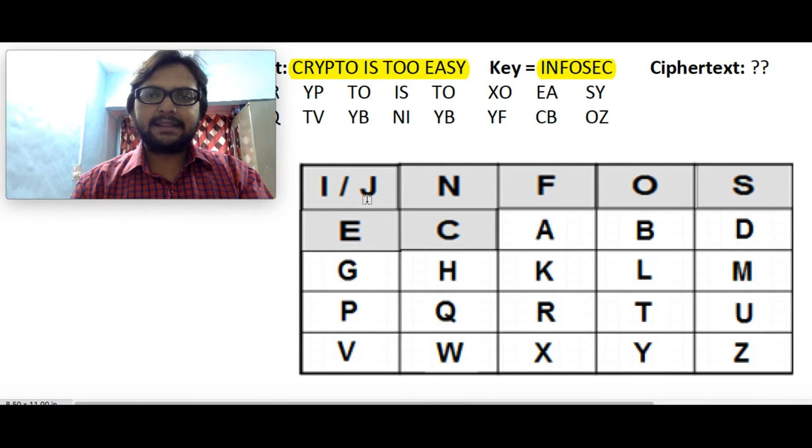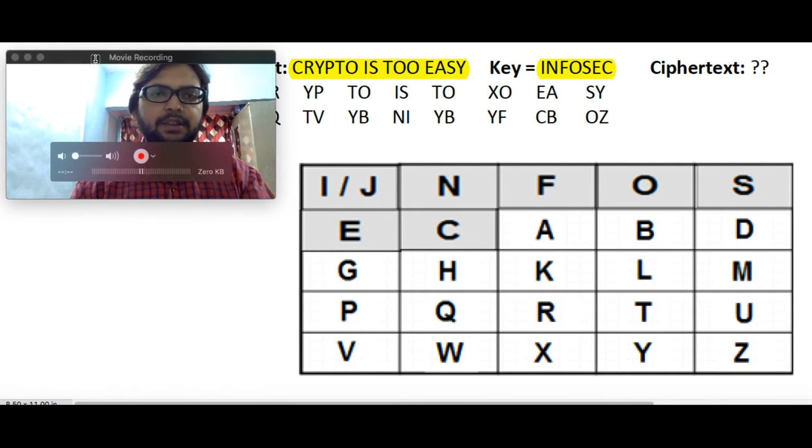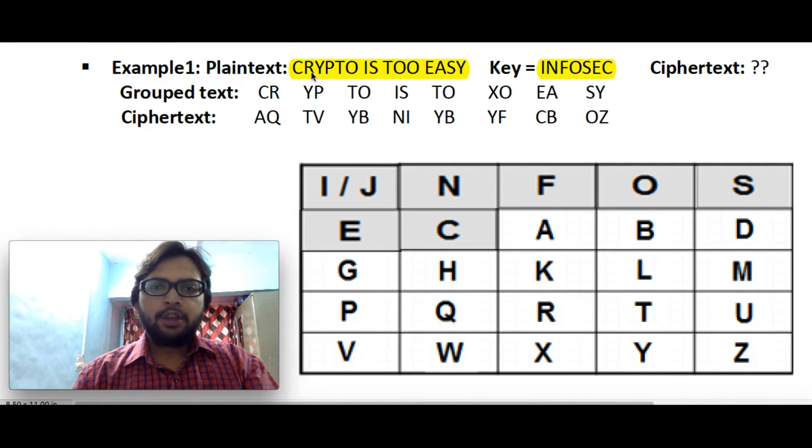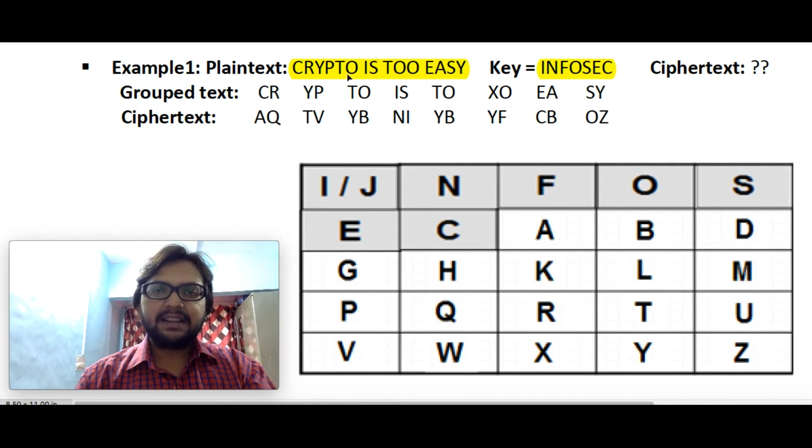So now let's see how to generate ciphertext from this. Here, as you can see, we have some plaintext present. Our plaintext message is: crypto is too easy. Now what we need to do is make pairs from this plaintext.